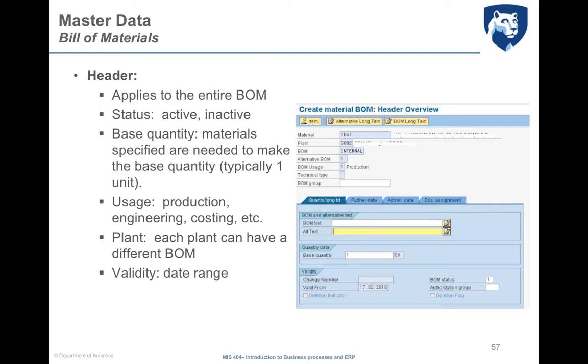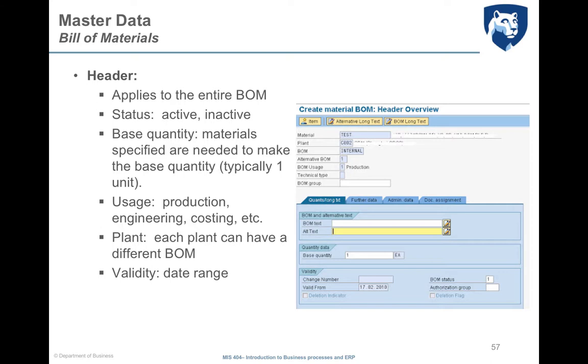For example, the bill of material for the touring bike has a usage code of 1, meaning that it is to be used in production. Other purposes for which the bill of materials can be used are engineering, sales and distribution, and also plant maintenance.